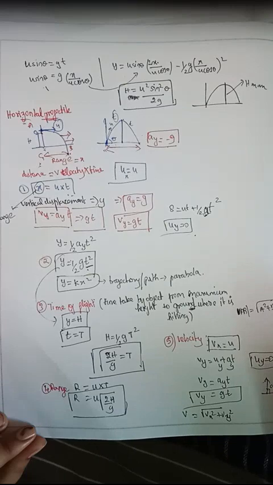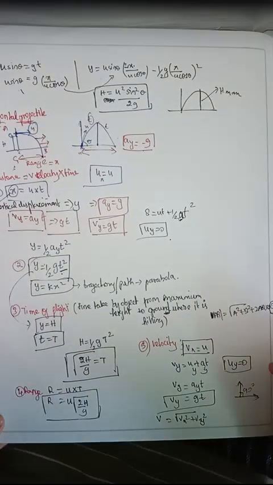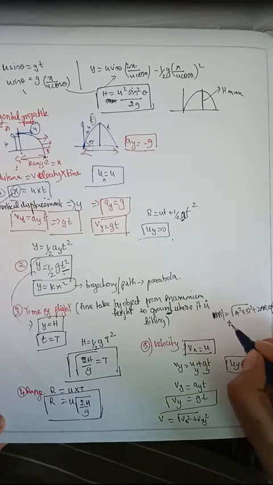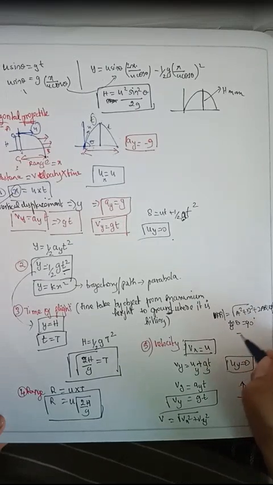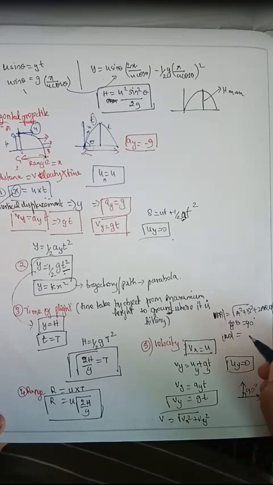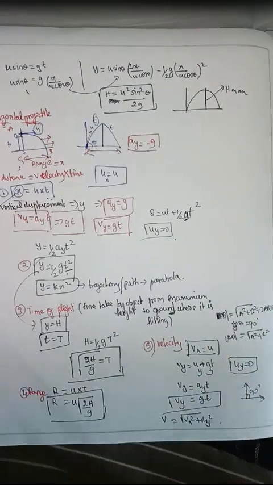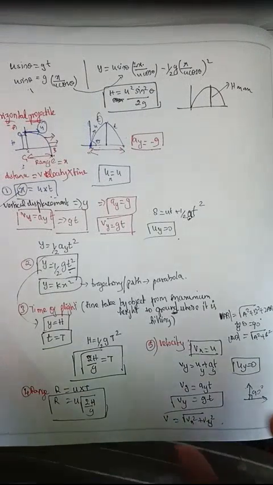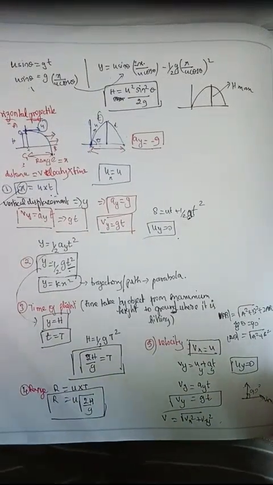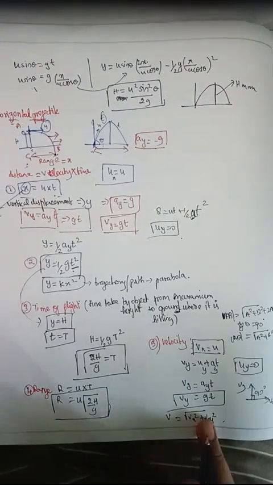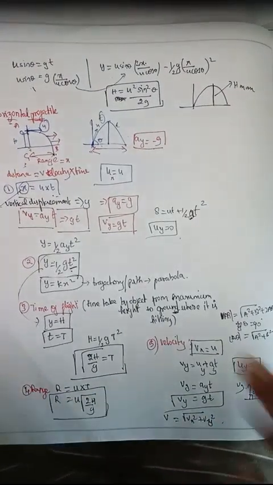Here theta is 90 degrees, so the resultant vector will be a square plus b square under the root. Don't think that this formula is always true. When theta is equal to 90, since Vx and Vy have 90 degrees between them, we consider Vx square plus Vy square.